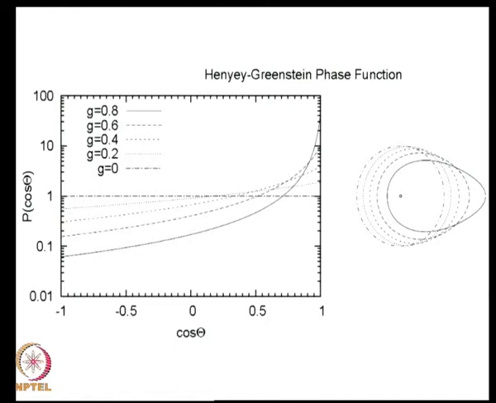So, the Henyey-Greenstein phase function is quite a popular function used to take care of the asymmetry in the scattering phenomena, but it is not an accurate depiction of the Mie scattering formula, but an approximation.